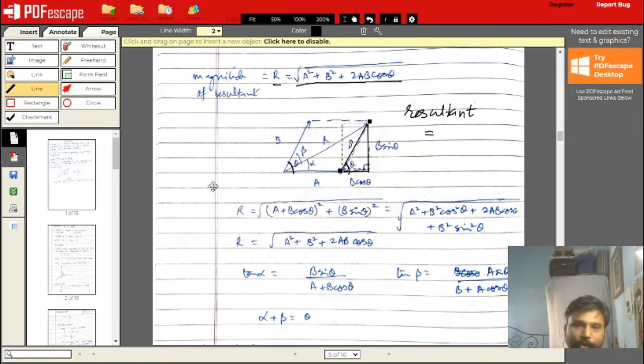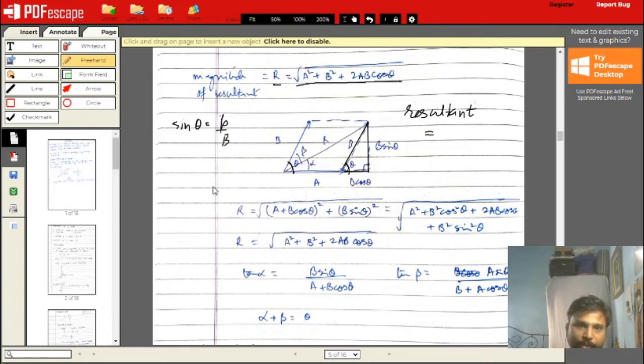From trigonometry we know that the side which is adjacent to theta is called the cos theta side, and the side in front of theta is called the sin theta side. So the side in front of theta is B sin theta, because that is how sin theta is defined: sin theta is the perpendicular, which is this side we want to find, divided by the hypotenuse, which is B.